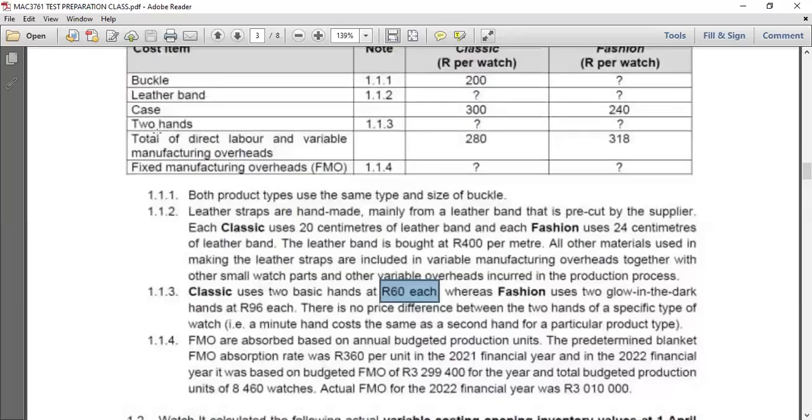Right, then we've got total of direct labor and variable manufacturing overheads. Direct labor and variable manufacturing overheads, that's the 280 and 318 that I made a mistake on the other time.